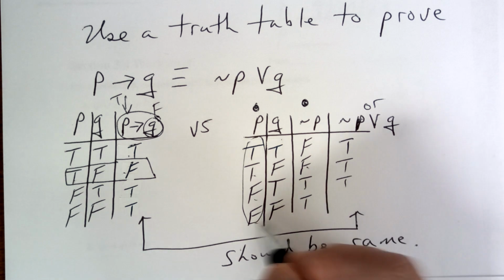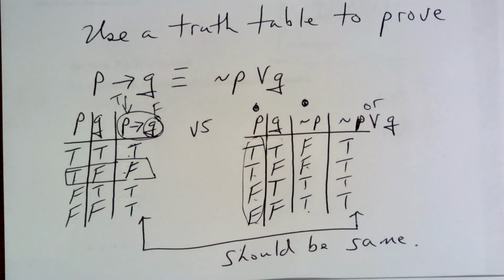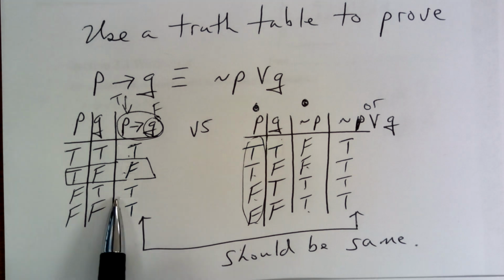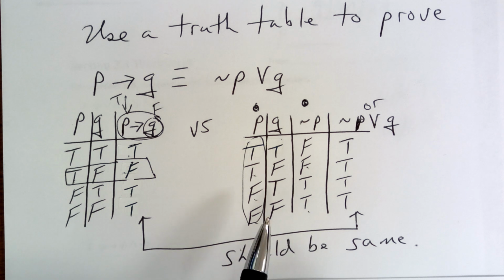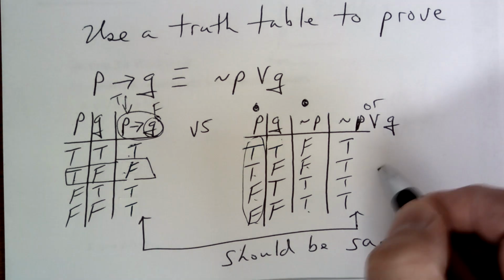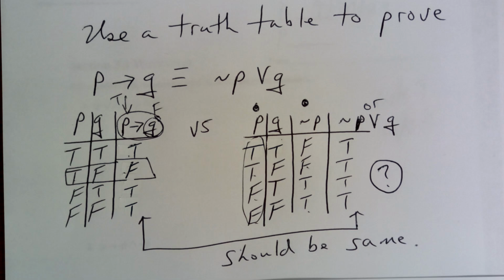And here we have a true. So ask yourself, why is this not the same as that? Okay, that's the question. Do you know the answer? Okay, well, think about that.